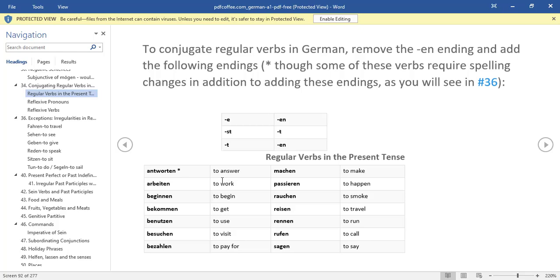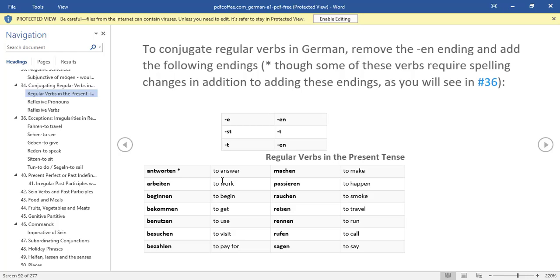The first thing I need to do is identify the stem of the verb and the ending of the verb. So the stem will be antwort, and en is my ending. I'm going to remove the ending and I'm left with the stem, which is antwort.